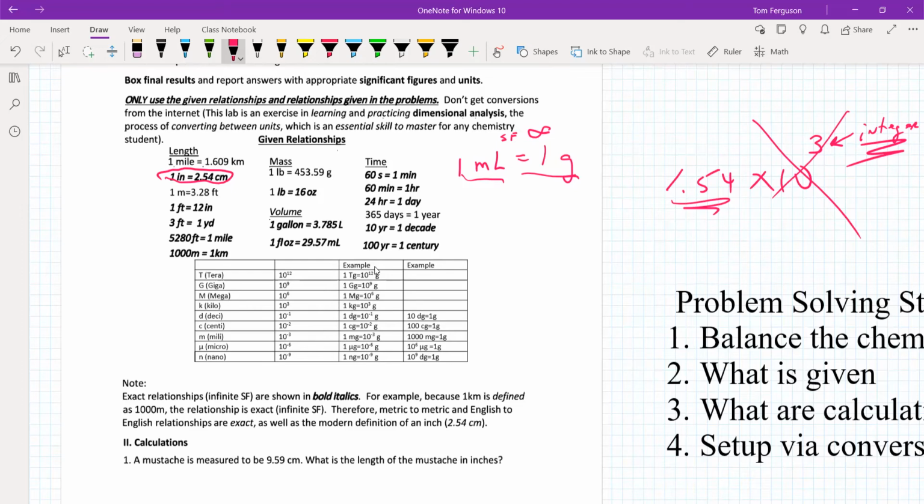Okay, so good questions on significant figures, because we're going to do sig figs throughout the whole semester, so we really need to keep a handle on them. And then also this guy here.